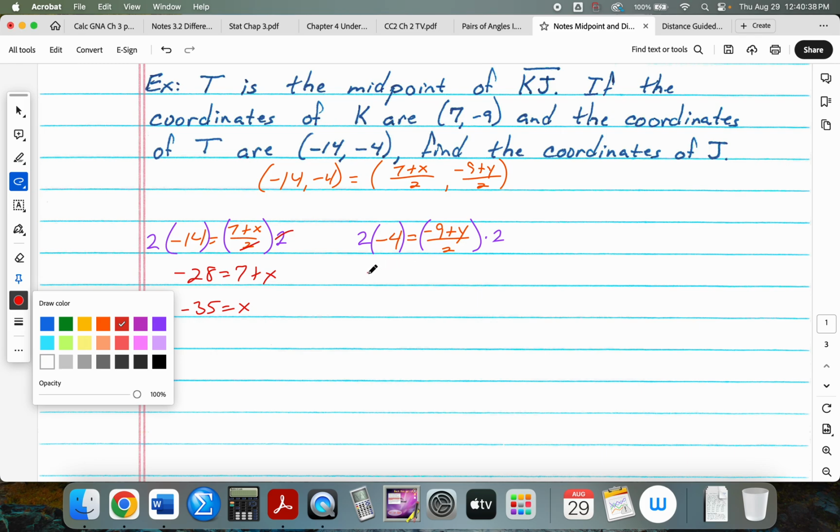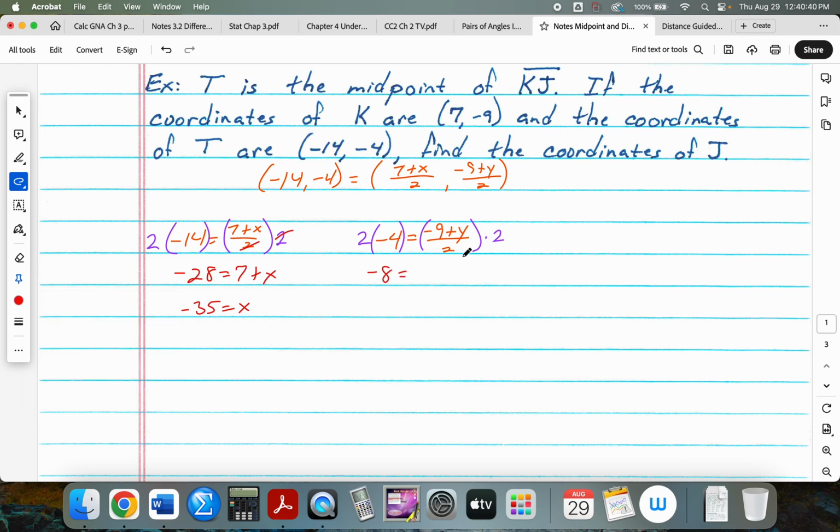On the left side, we have negative 8. On the right side, the 2's divide out to be 1 times negative 9 plus y, which is negative 9 plus y. Add 9 to both sides and we get y as 1. So the coordinates of J are negative 35, positive 1.